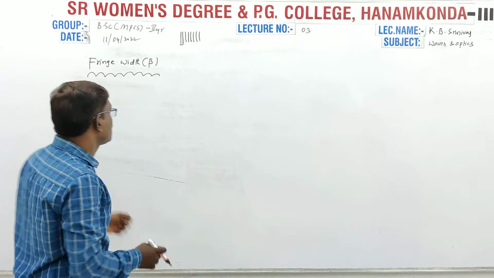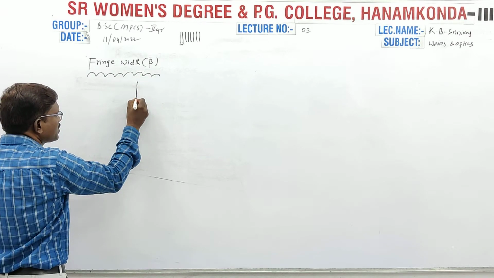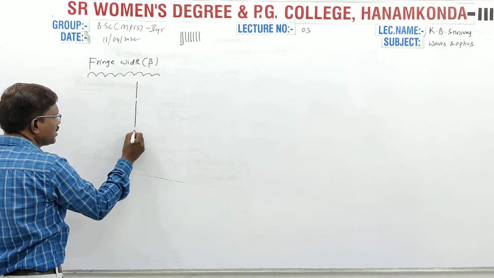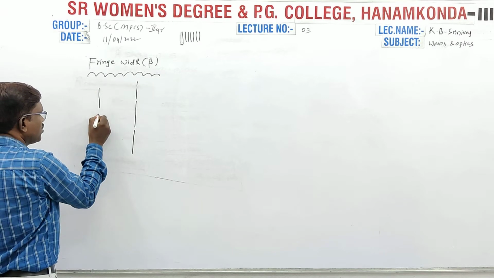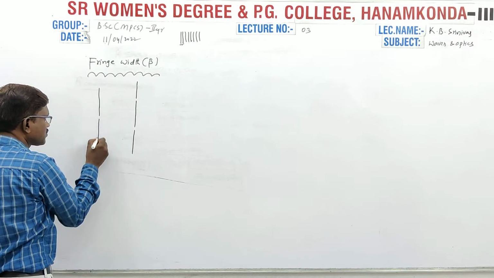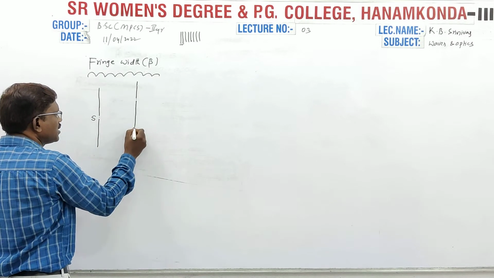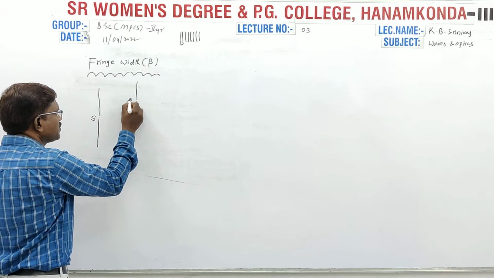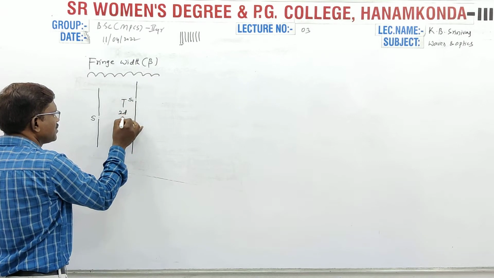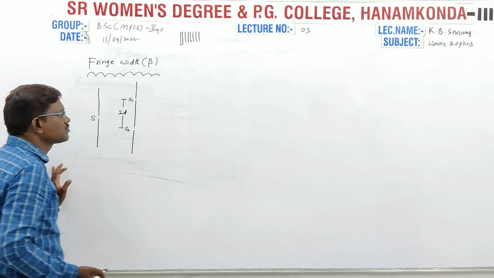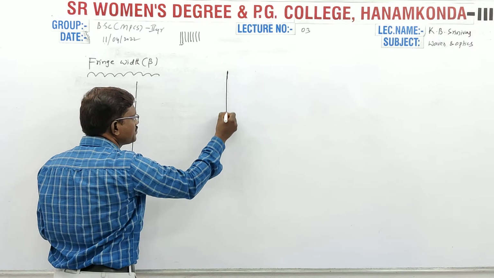Listen carefully. To derive the expression for fringe width, again we have to remember the experimental arrangement of Young's double slit experiment, consisting of a monochromatic source of light. These are the two slits, S1 and S2, separated by 2d distance, and this is the position of the screen.